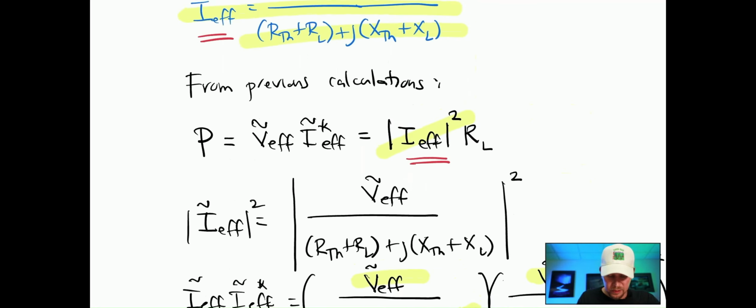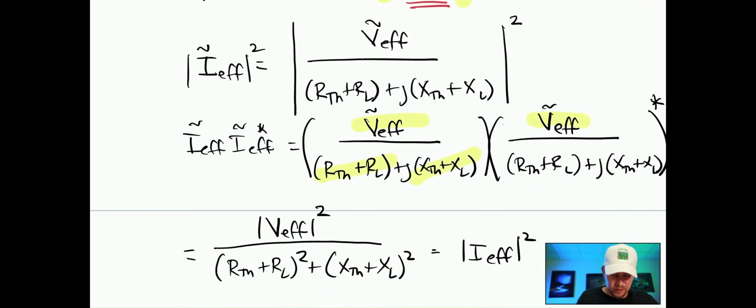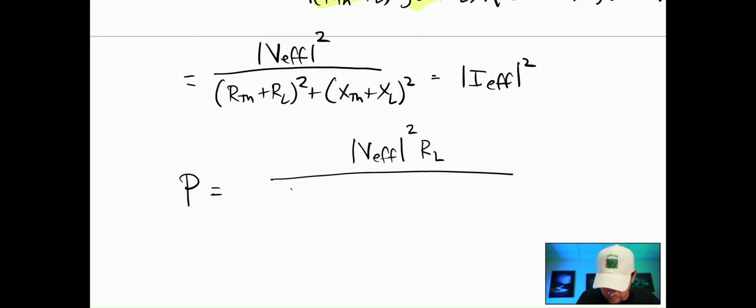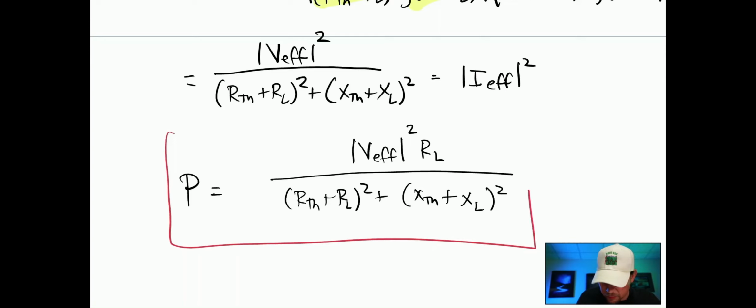To find the power, all I have to do is multiply it by the load resistance, in which case I end up finally with the power equation: the magnitude of the Thevenin voltage squared, or the effective voltage squared, times the load resistance divided by the Thevenin resistance plus the load resistance quantity squared, plus the Thevenin reactance plus the load reactance quantity squared, like this. This is the important equation that we wanted to get to.